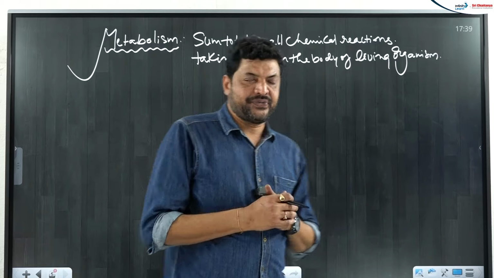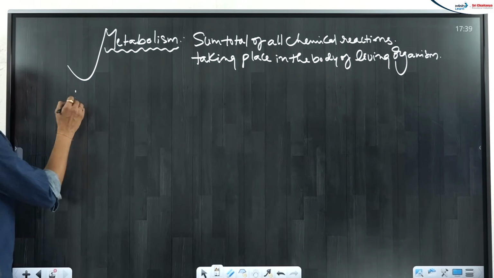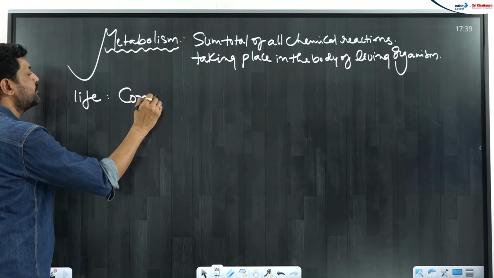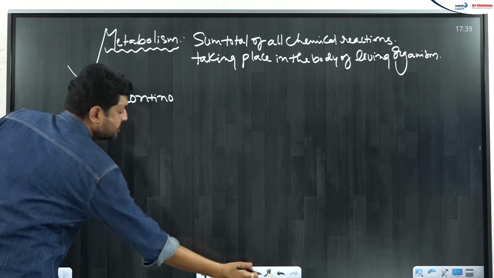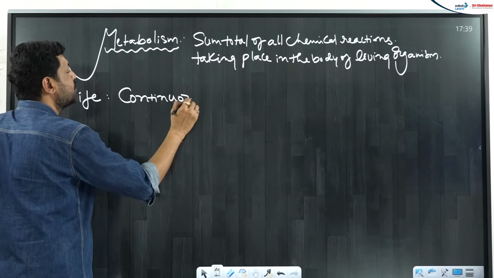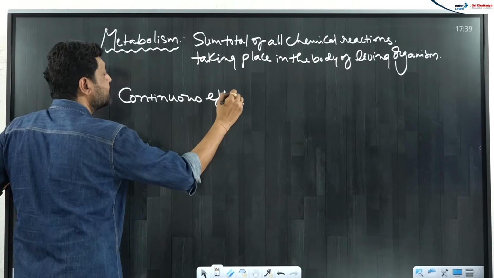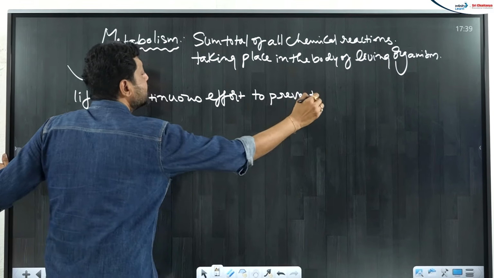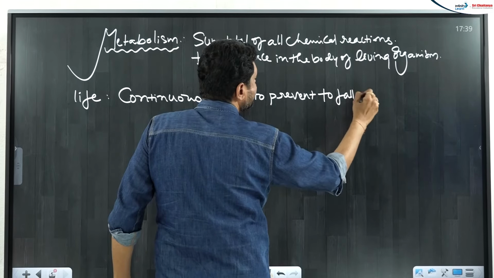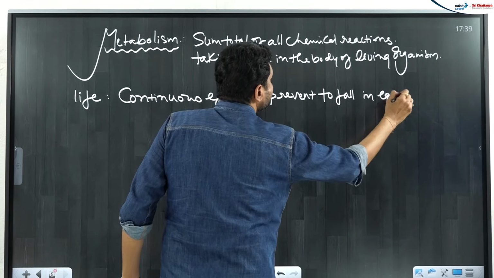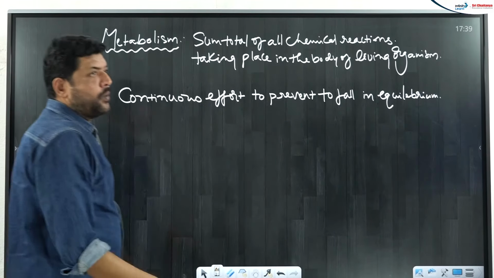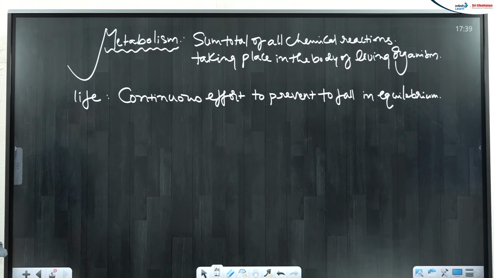In the biomolecules lesson, the most beautiful definition is given. So what is life? Life is a continuous effort to prevent falling into equilibrium.